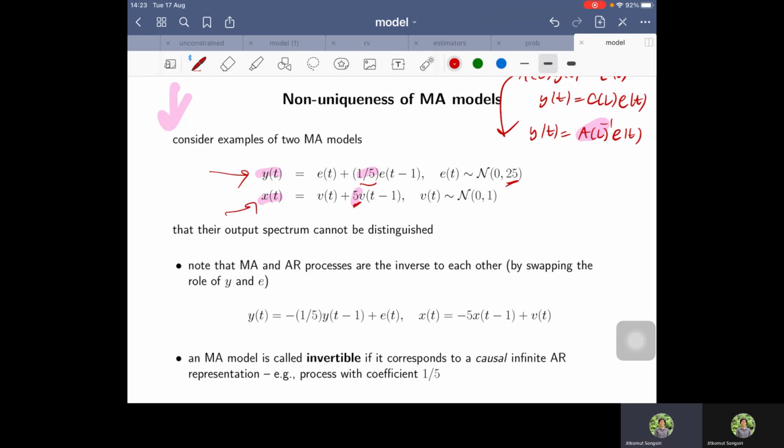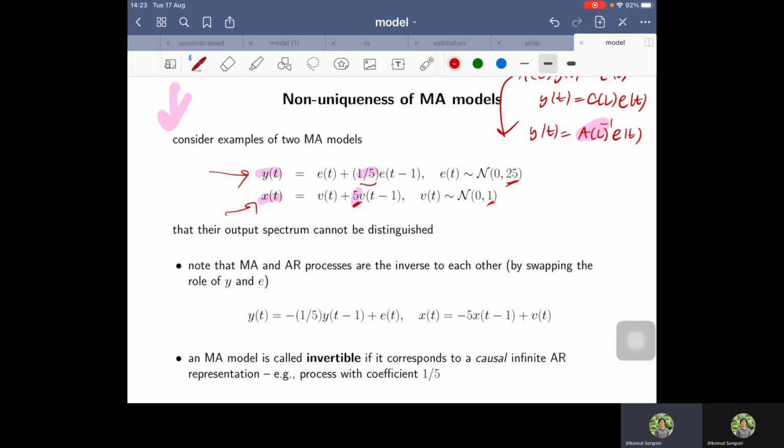For X, the coefficient is 5, but the variance of V is only 1. We can quickly examine that the outputs of X and Y have the same spectrum, which means the second-order properties of these processes are the same.